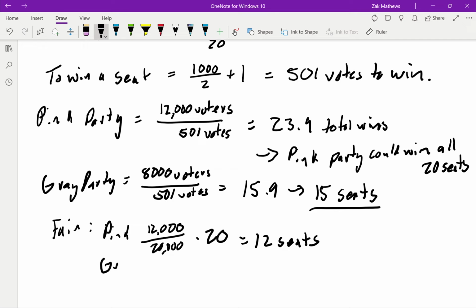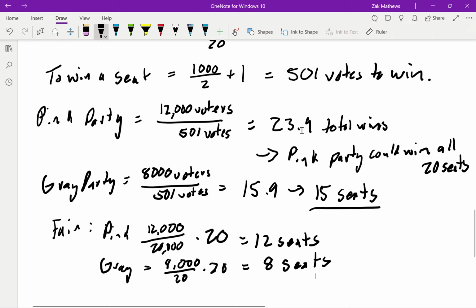The gray would have 8,000 out of the 20,000 times 20, or 8 seats. That's what would be fair. But what we see could actually happen if we wanted to gerrymander this, the pink party could win as many as all of the seats, 8 more than they should have, or the gray party could win as many as 15 seats, 7 more than they should have. So they're not going to be able to win it all. They don't have enough support for that, but they could definitely throw the election in their favor based on these principles of gerrymandering.